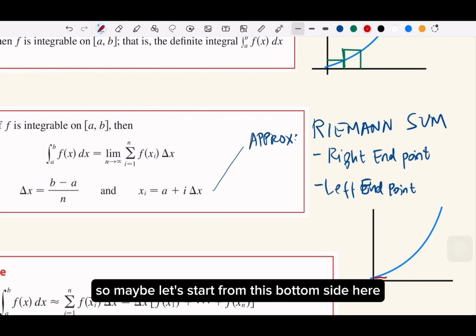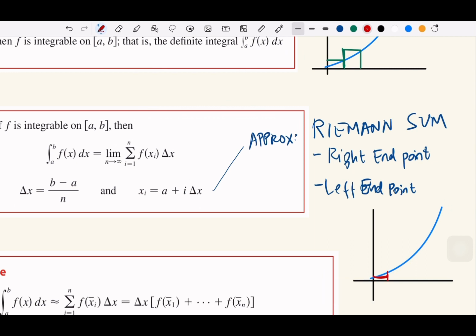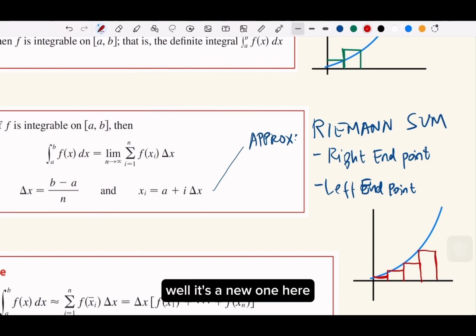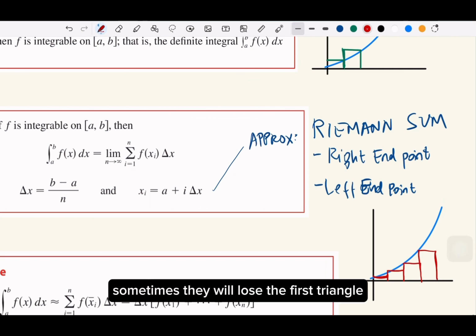So maybe let's start from this bottom side here. Okay. Well, sometimes with the left endpoint or right endpoint, they will lose the first rectangle, or maybe you can start from the other one. It depends on the rectangle. Okay.